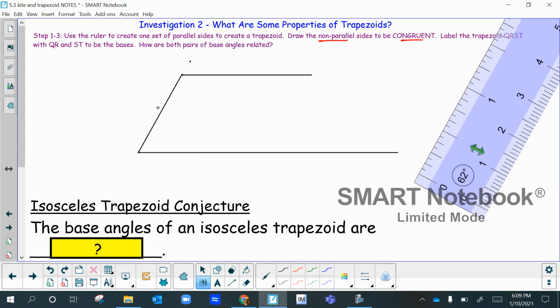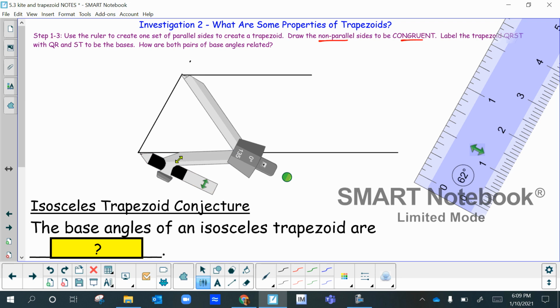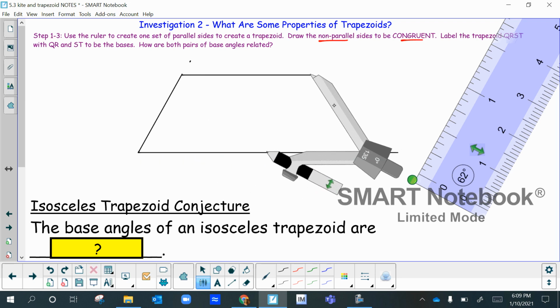All right, so I want this side right here to be congruent over here. So I like using my compass, so I'm going to use that. If you want to use centimeters on your ruler, you can measure it in centimeters and make sure the other piece is equal to that. But I'm going to just get the exact measure like this. I'm going to come over here to this top end, because this is the shorter side.